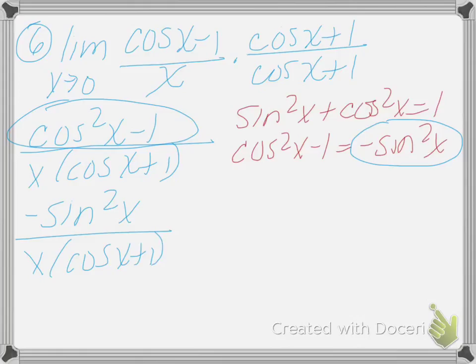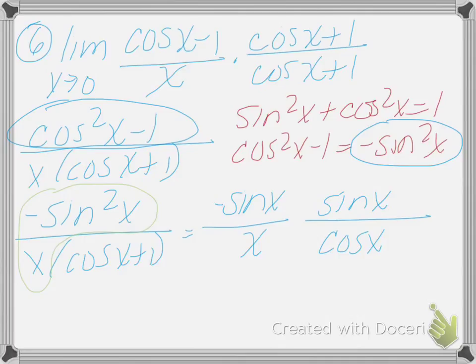And hopefully you're going to recognize that there's a rule in here, right there. So now we're going to break this up, and we have negative sine x and a sine x, and we'll take one x with it and put the cosine x with the other. Okay, so now this piece over here is the rule, and that will give you -1.